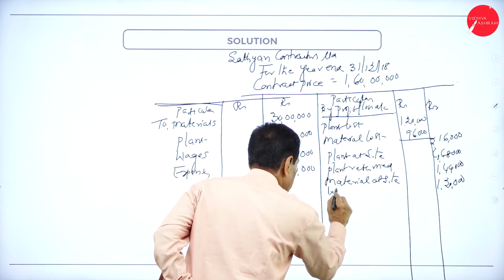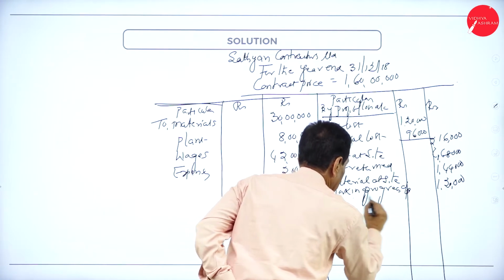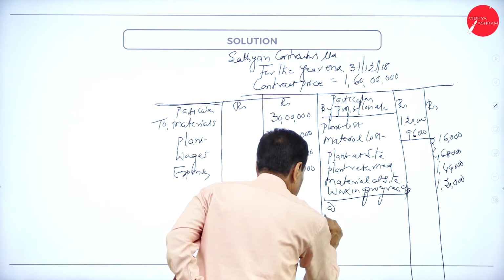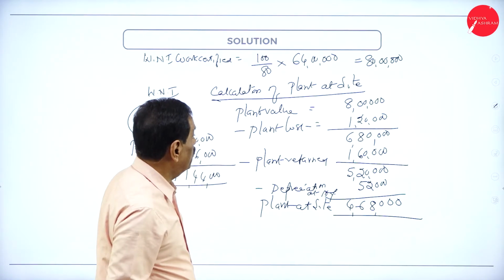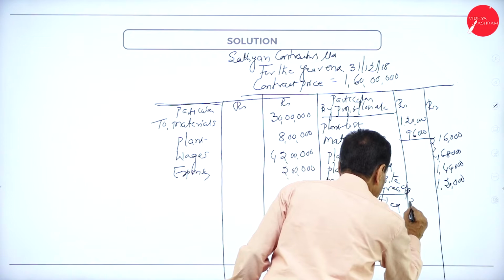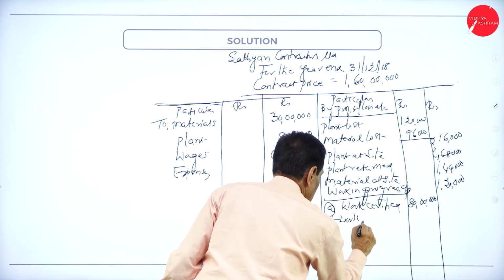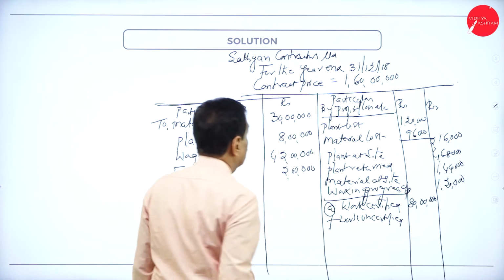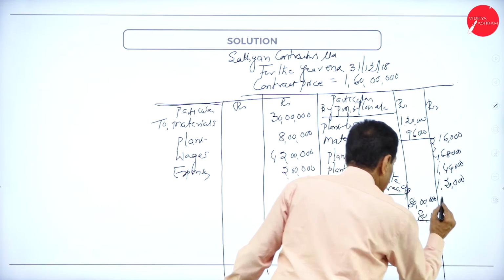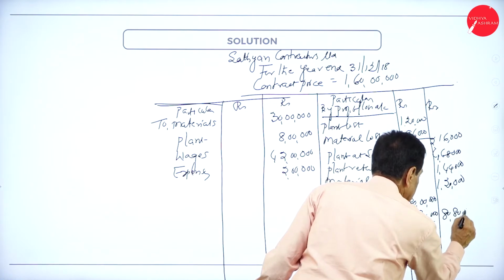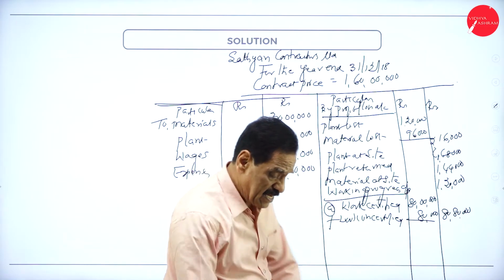Work in progress carried down: work certified, 80 lakh, plus work uncertified, 80,000. So the total works out to 80 lakh 80,000.